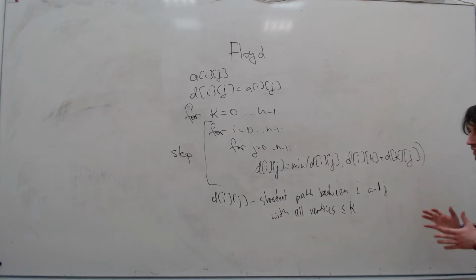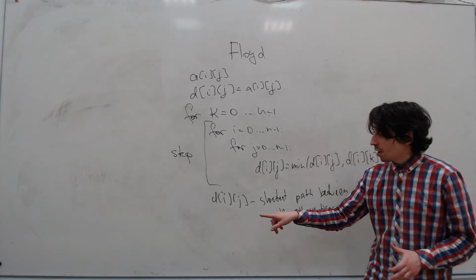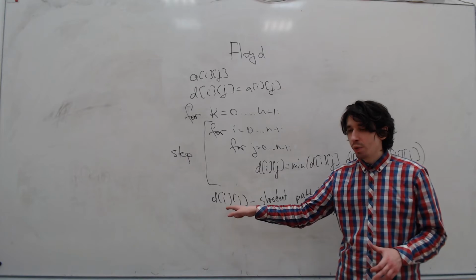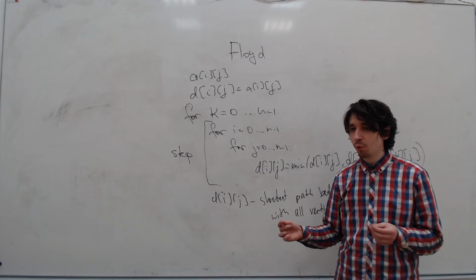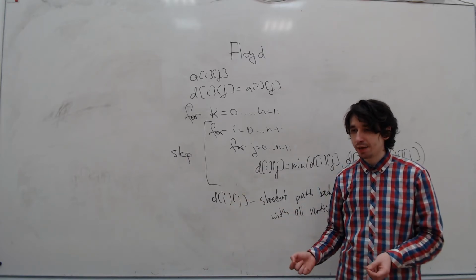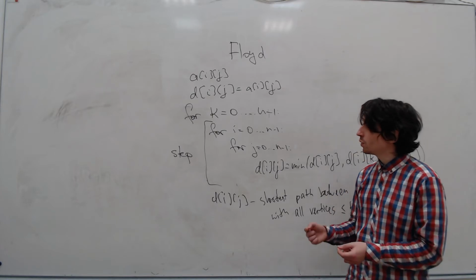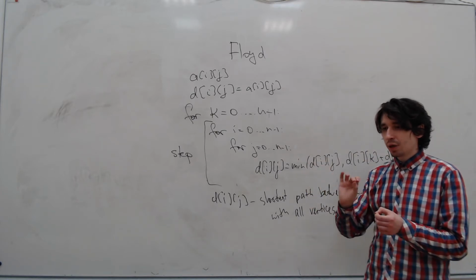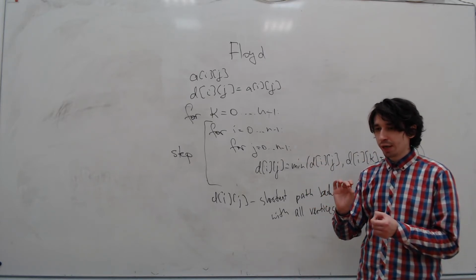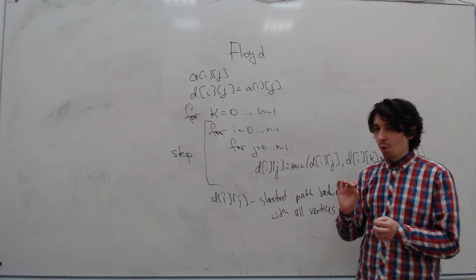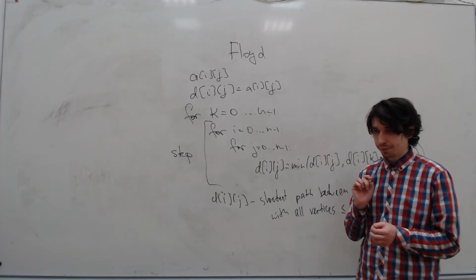What does it mean? It means that between i and j, we consider on the path only vertices that are less than or equal to k. So kind of we add one vertex at a time.